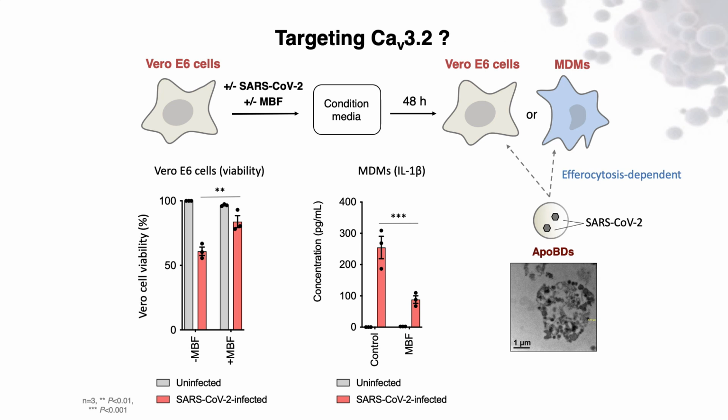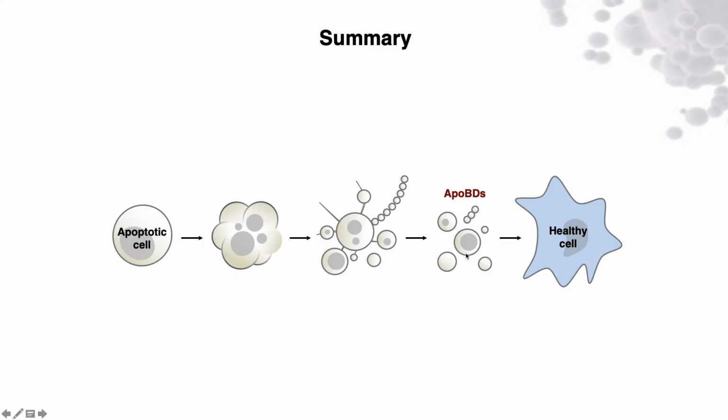So collectively, based on this data, we think that when cells are infected with SARS-CoV-2 and when they undergo apoptosis, the apoptotic bodies generated under that setting contain viable virions. I should have time to describe it today, but I don't have the data.